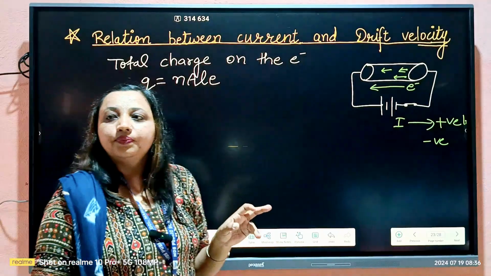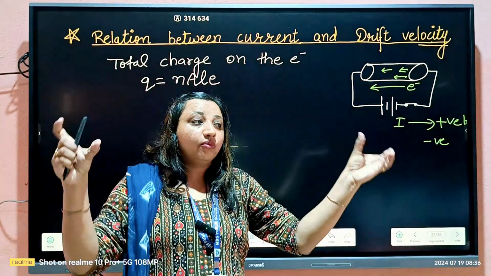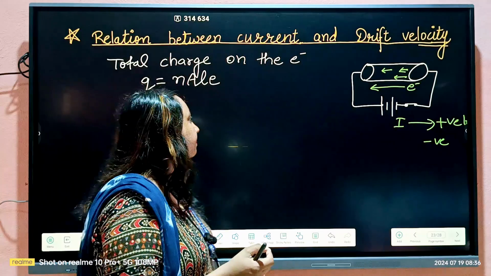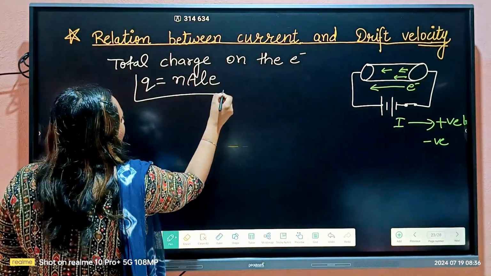What is AL? Volume. There is not only one electron due to which current flows. So this is the total charge.